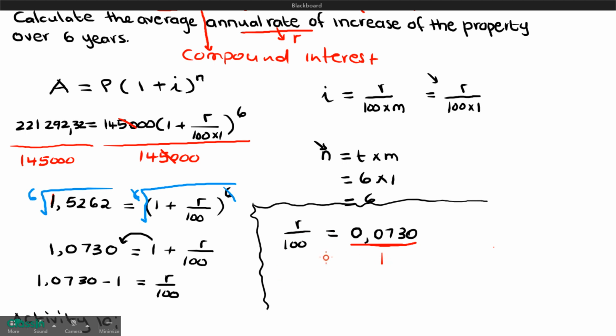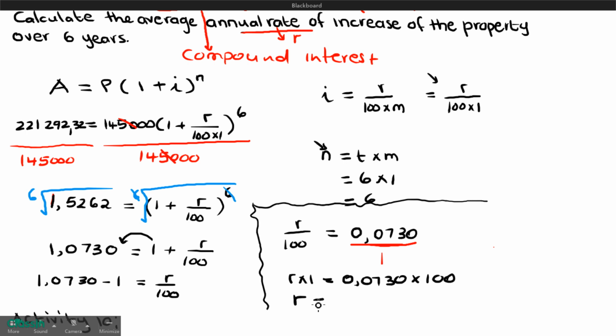So 1 will multiply r, then we're going to have r multiplied by 1 is equals to 0,0730 multiplied by 100.